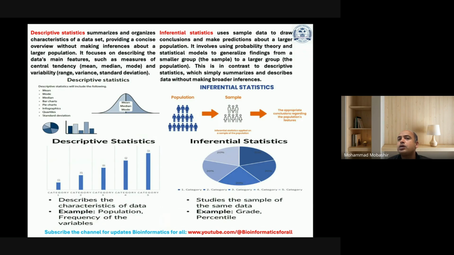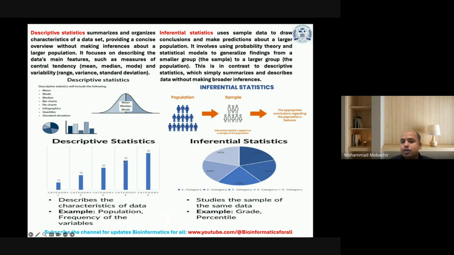This is in contrast to descriptive statistics, which simply summarizes and describes data without making broader inferences. The examples can be clearly seen here: mean, median, mode in descriptive. Here you can go for population, sample, and then draw conclusions by using some inferential approach.